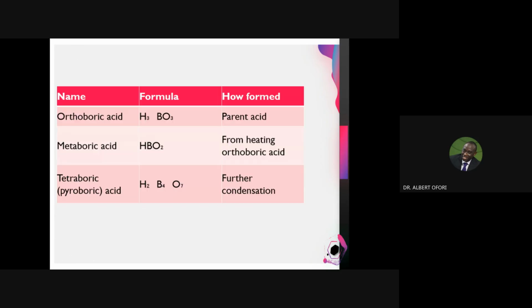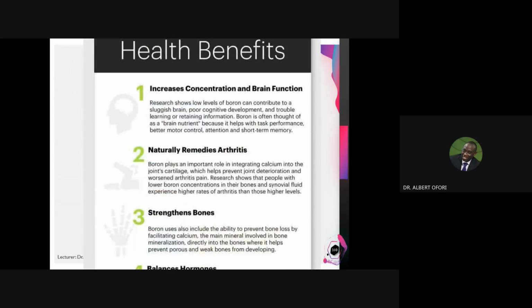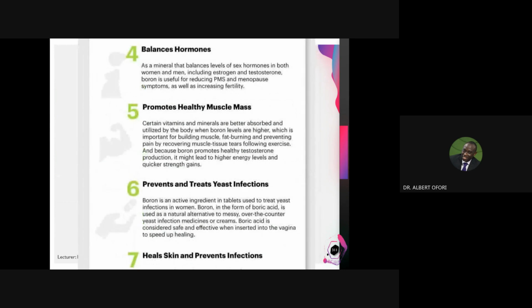Then as we add on or take oxygen away, we can have tetraboric or metaboric kinds of acid. For health benefits, boron has a lot of benefits for our bones, for arthritis, and more.